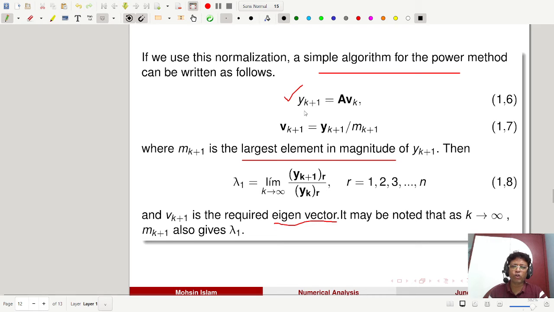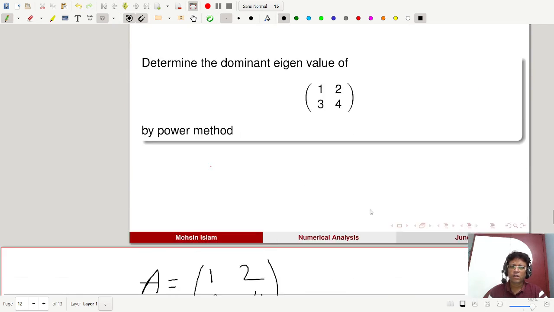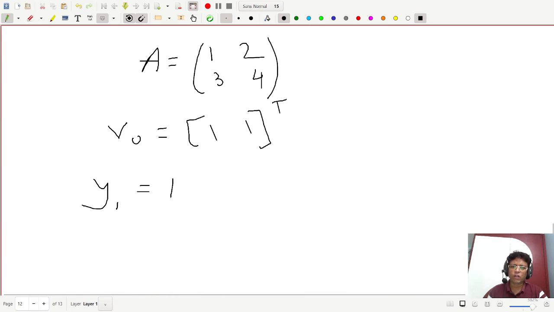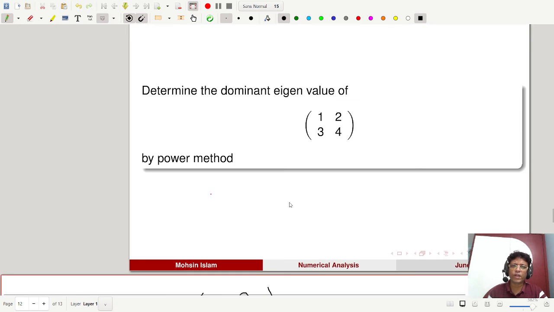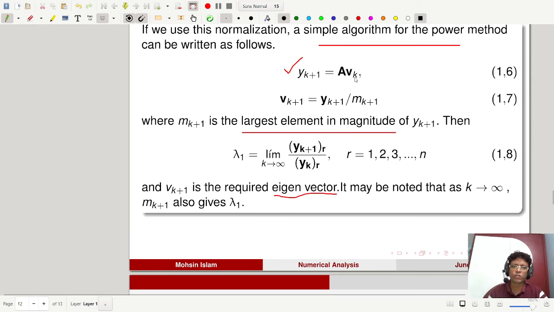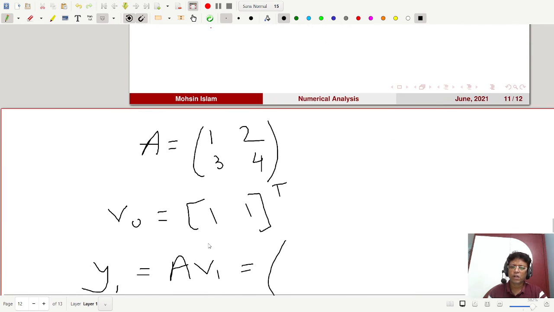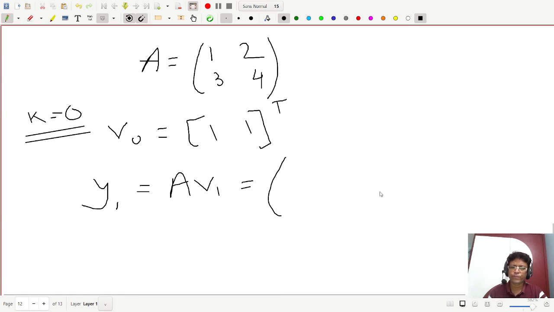If k is 0, the 0th iteration, y1 equals A v0, because k is 0. This is the first iteration.